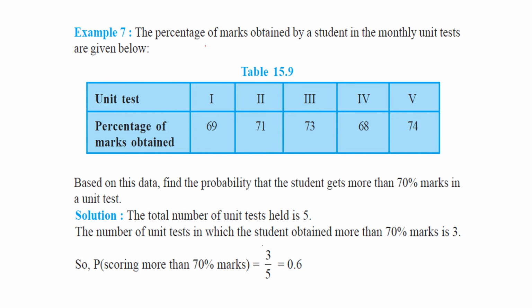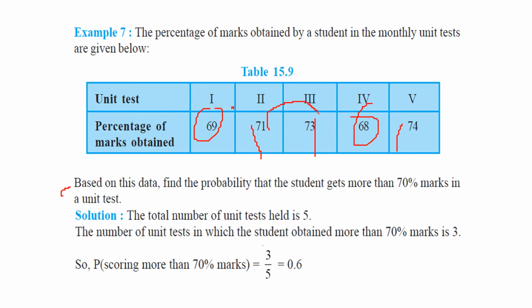The percentage of marks obtained by a student in the monthly unit tests is given like this. Based on this data, find the probability that the student gets more than 70% marks in a unit test. So more than 70%. That is, we have to choose scores above 70. The total number of unit tests is 5, and the total unit tests where he scored more than 70 are 1, 2 and 3, because 69 and 68 are below 70.